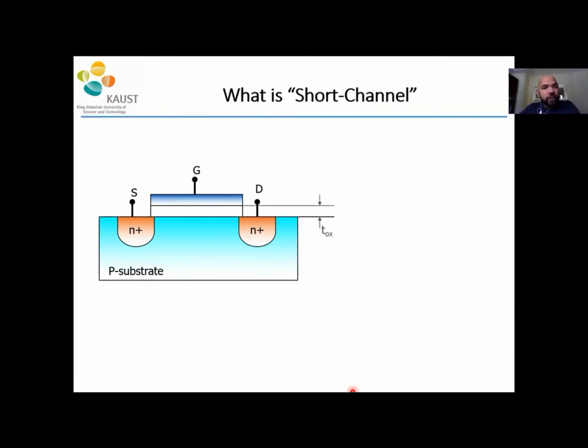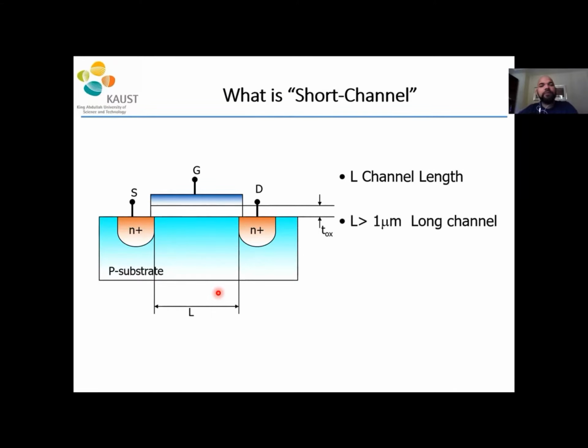So this is a short channel. We have seen in the previous discussion that we have three terminals. Two terminals, source and drain, have an ohmic contact, although we have an insulation layer between gate and substrate. The region from source to drain is called the channel length.